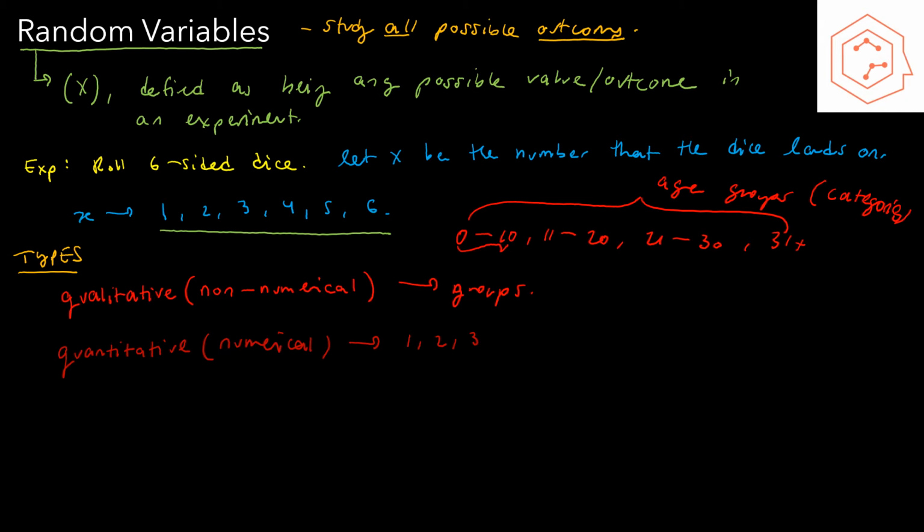Now for the purpose of this course, or mainly for the study of probability, we're going to disregard qualitative random variables and we're going to focus on numerical values. Now within these numerical values, we have two subcategories. So we have discrete random variables and we have continuous random variables.